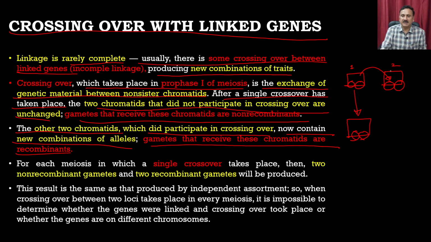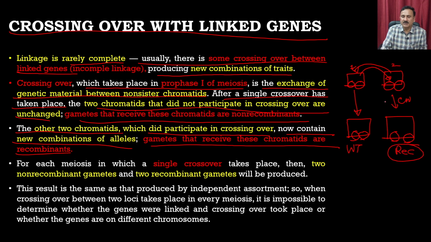But if there is an exchange of passengers between this and this, then you are going to have another set of chromosomes where you have some genes from this chromosome, some genes from this chromosome, and that's how after the crossing over, this is going to be the wild type, and this is going to be a recombinant strain.